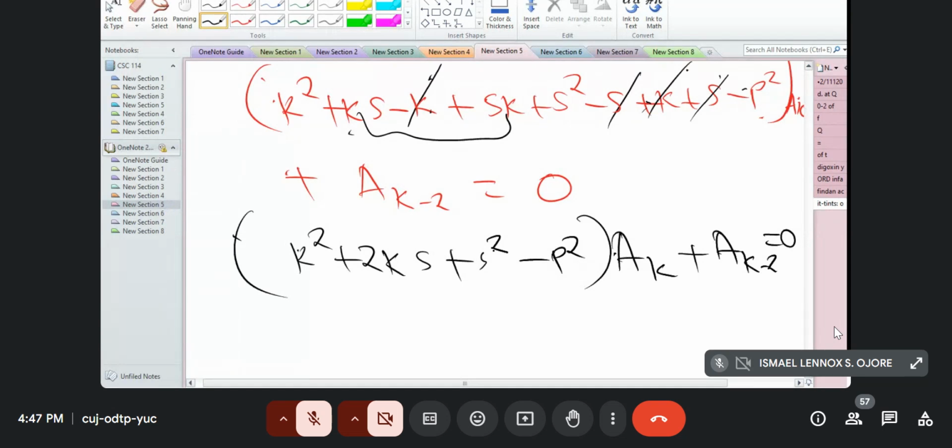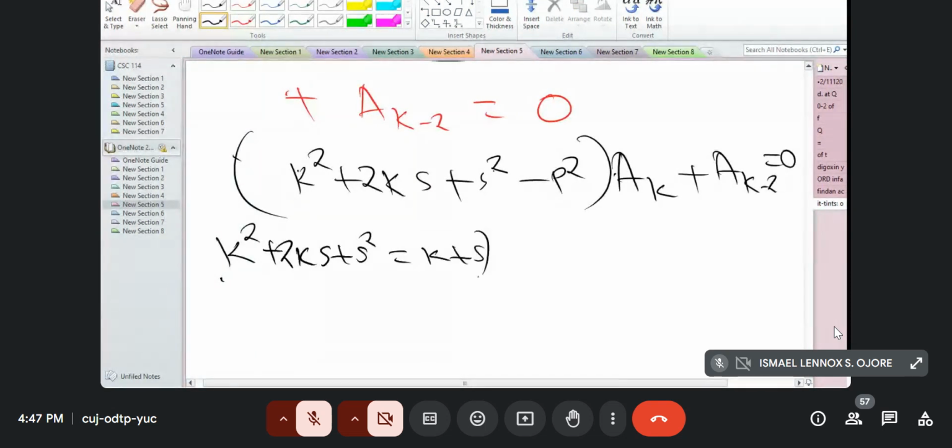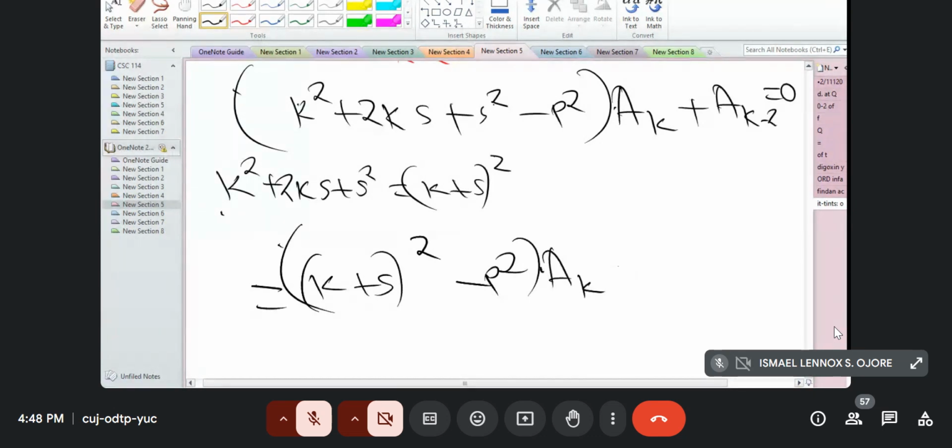Again, k squared plus 2ks plus s squared. If I write it as k plus s squared, is it the same thing? Yes. So we have k plus s squared minus p squared times ak plus ak minus 2 equals 0.